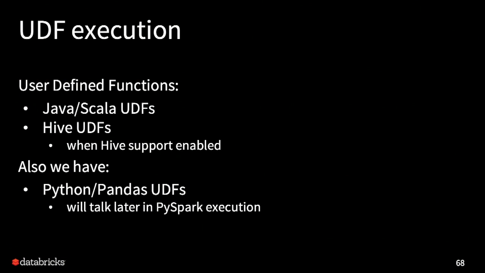If I've got two UDFs that need to hit a Python worker, does it need to go back and forth to the JVM twice, or can it stay in Python and not have to be serialized? That's a good question. So you're asking about if I have two Python UDFs that are nested, right?